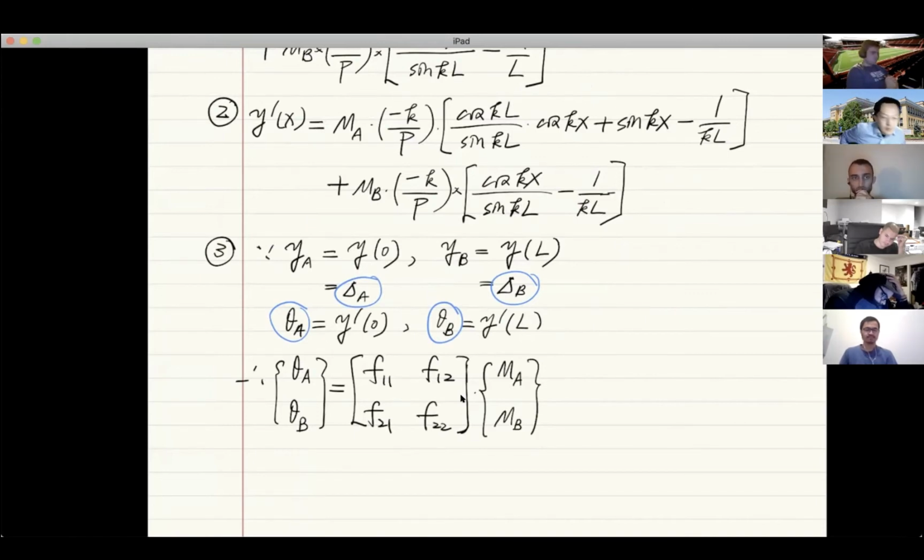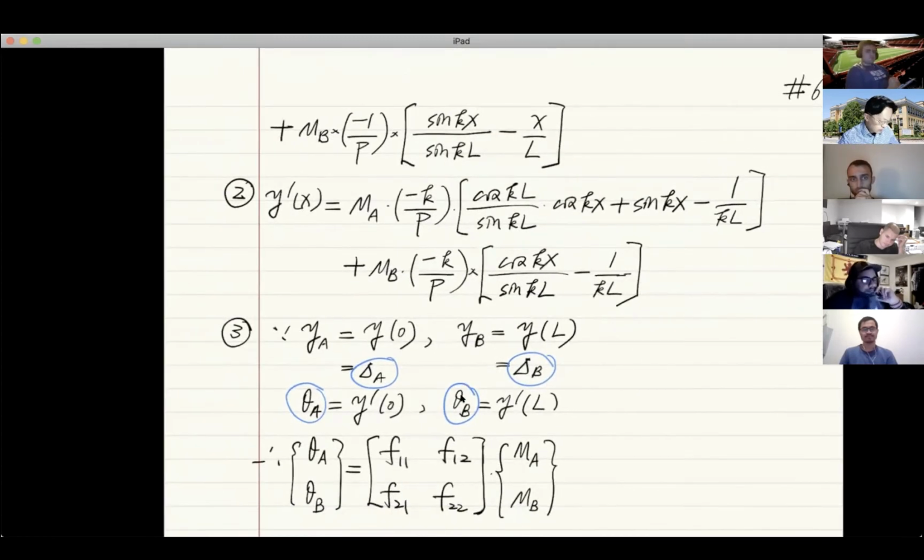Okay, now let's check them one by one. When I wrote theta A, which is the slope, that means we are looking at the slope expression, which is y prime, right? In this case, that means what?